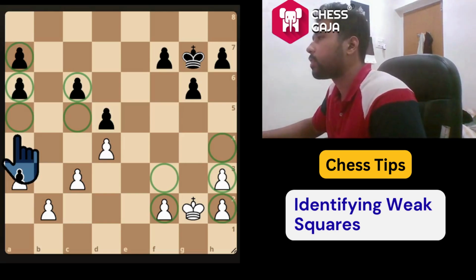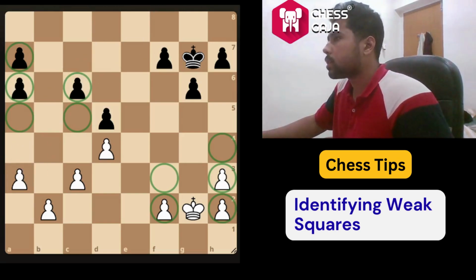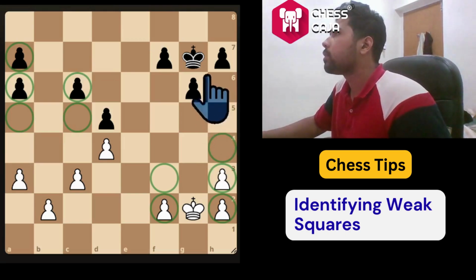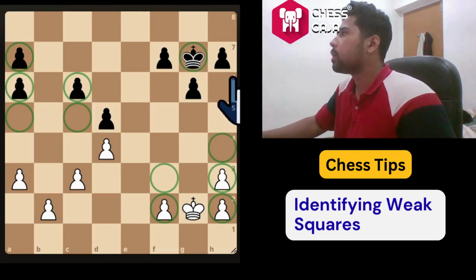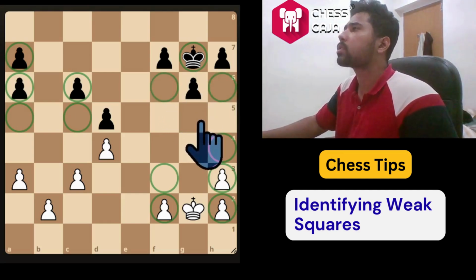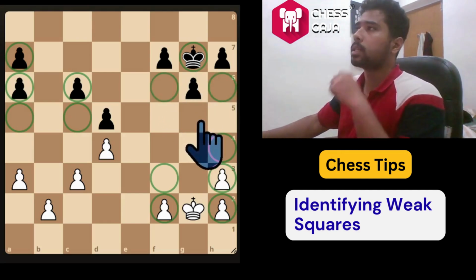For example, here in black's camp, even though we know that the king is on the g7 square, the h6 and f6 squares are actually weak.